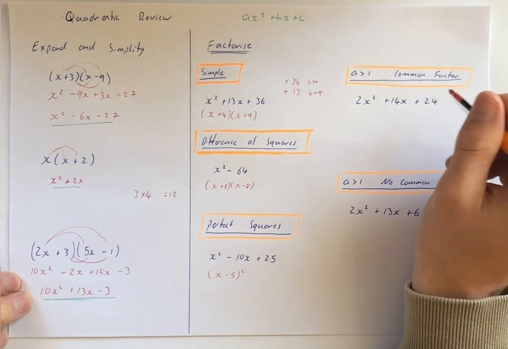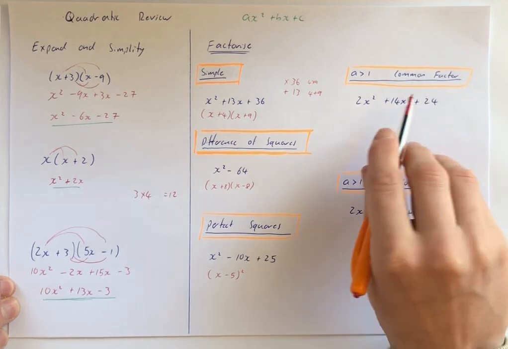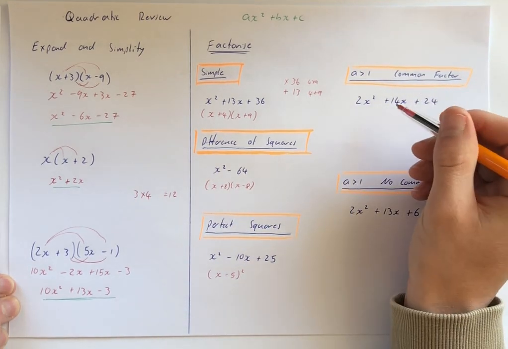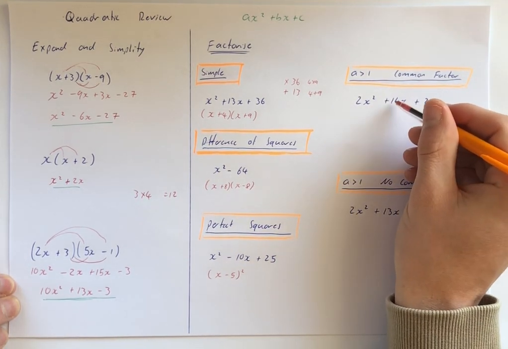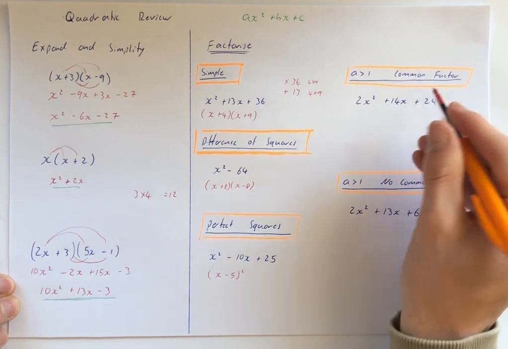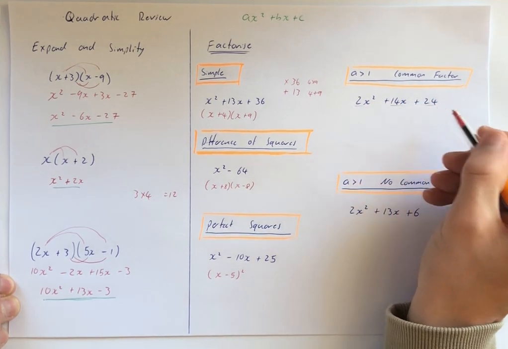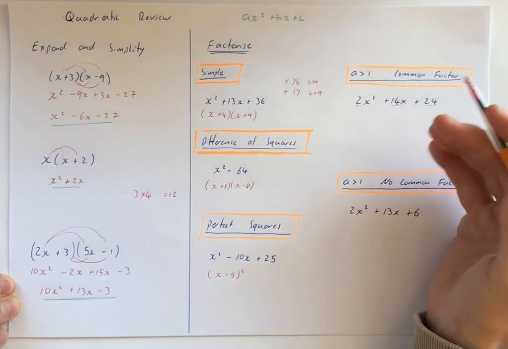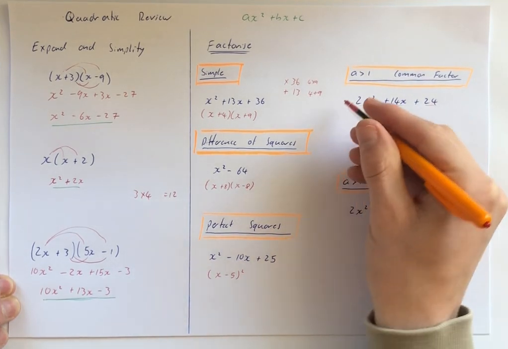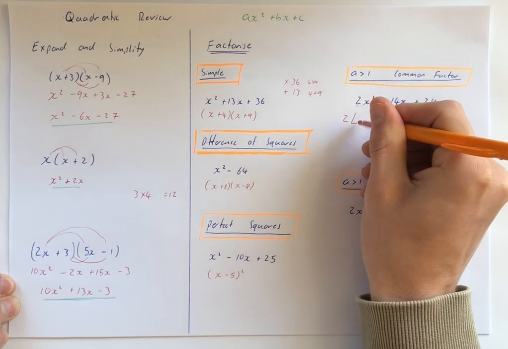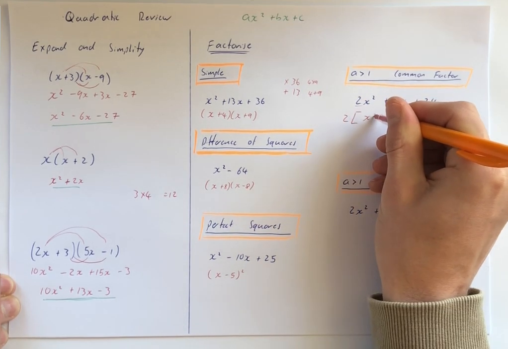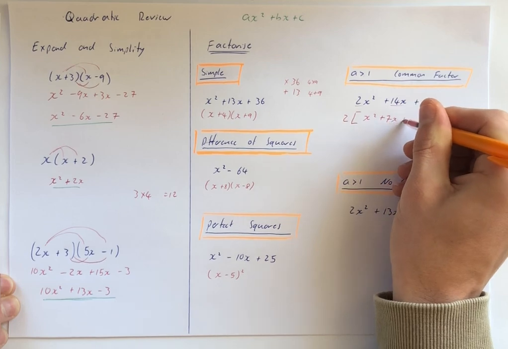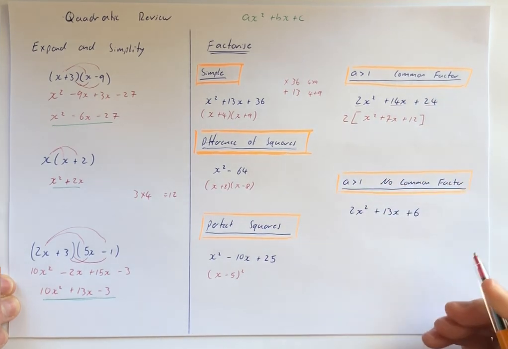I then did a video on how to factorize when there was a common factor. So for the case of 2x squared plus 14x plus 24, each number, or coefficient and constant, had a factor of 2. So 2 could come out the front of all of this, leaving x squared plus 7x plus 12.